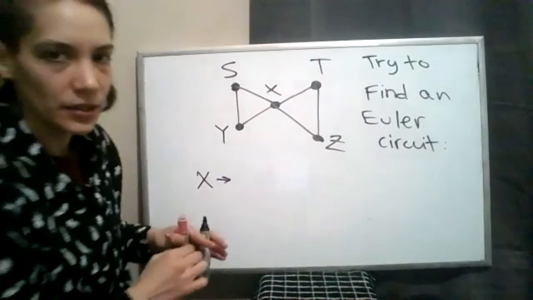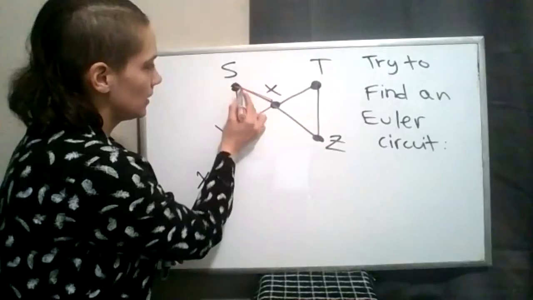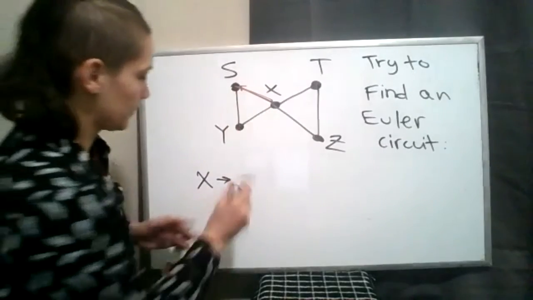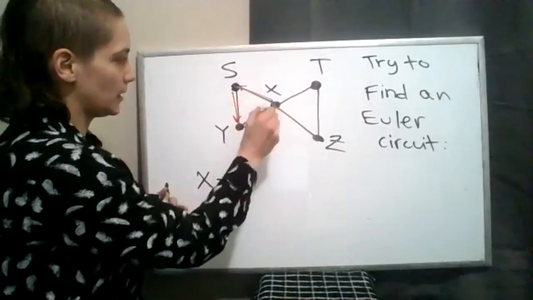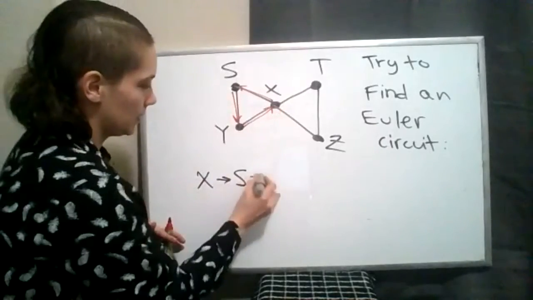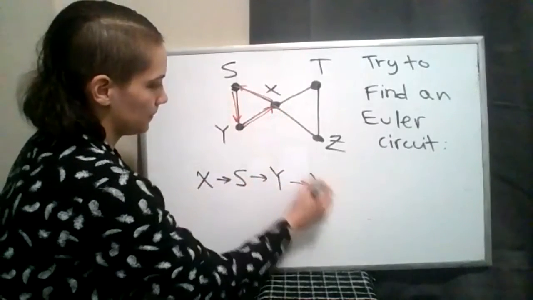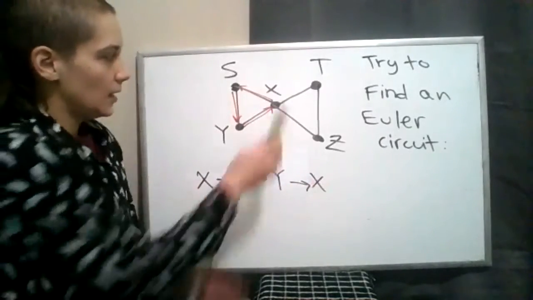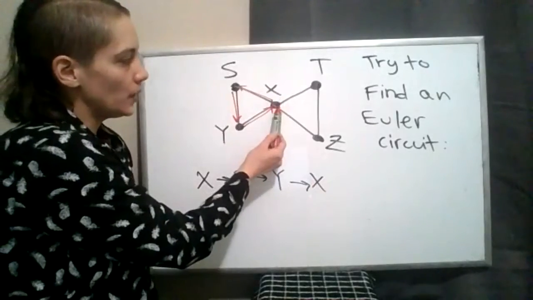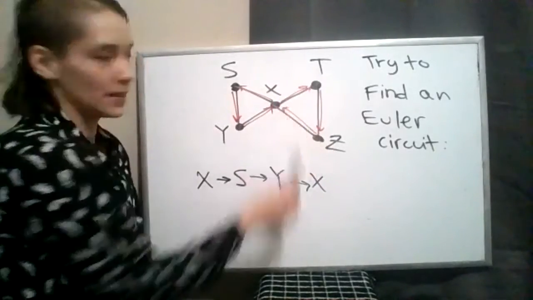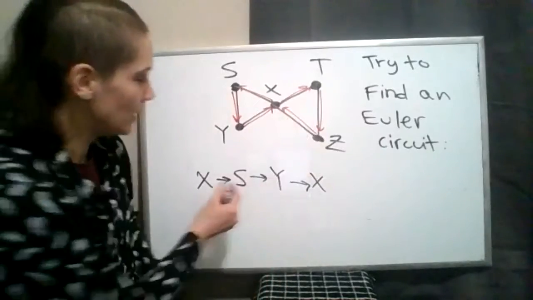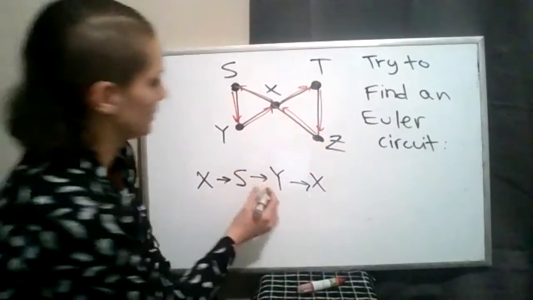Okay, let's take X to S. And we'll go down to Y. And then back to X. And let's go this way to T, down to Z, and then back to X. So I did it like that, a circuit.